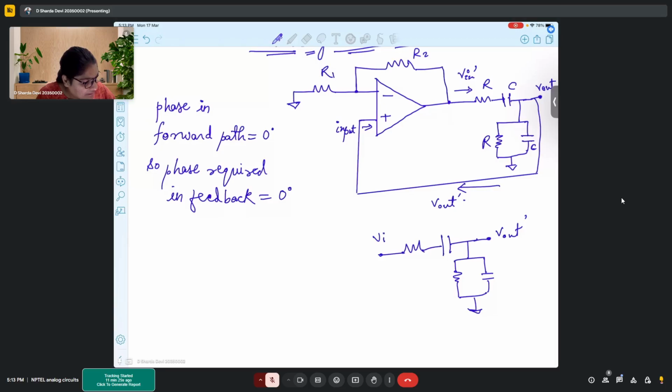This is V in dash, and if I want to find beta, what will be my beta?